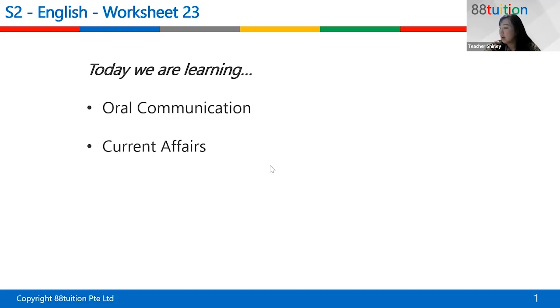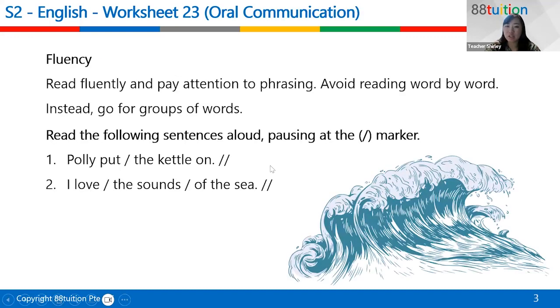Now, in terms of oral communication, I think we've gone through stresses, where to stress the syllable. We've also gone through pronunciation, right? So today we are talking about fluency. Now, why is it important? I think I've informed you that your reading aloud component has been removed, but in terms of speaking with the examiner during the oral exam, you do need to make sure that you're still fluent.